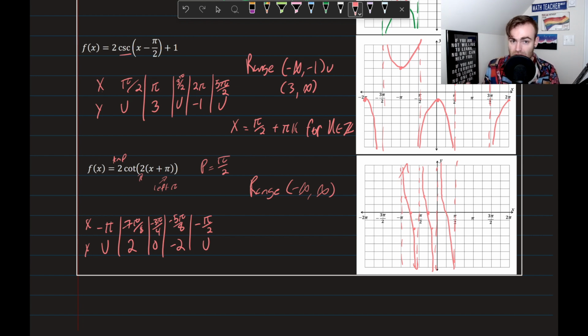There's no transformations that are going to really affect that. The asymptotes, though, we can see that we have one at 0 and then 1 pi over 2 after that, and it seems to happen every half pi. So we can use the every half pi as a cheat code. So x is equal to pi over 2 times k. So for every half pi, we have an asymptote.